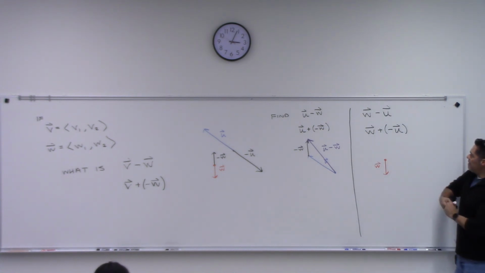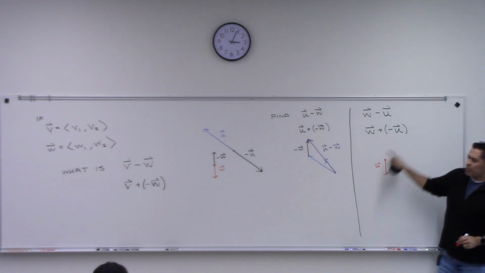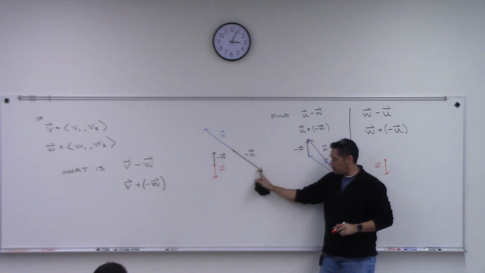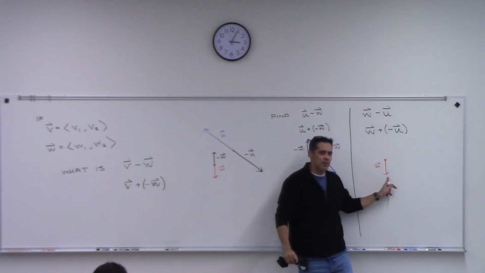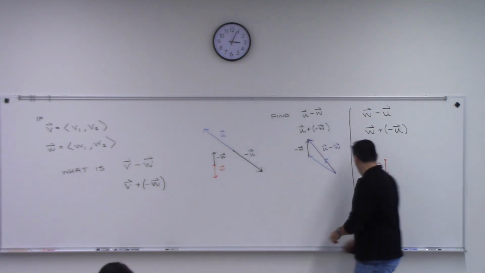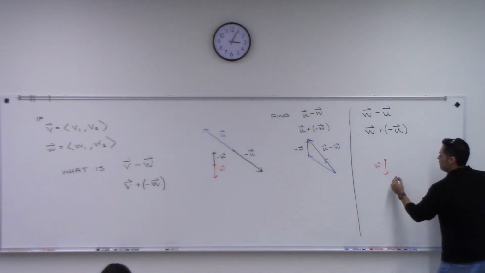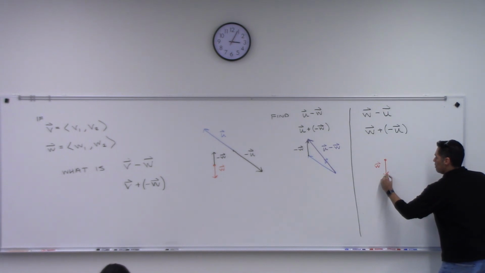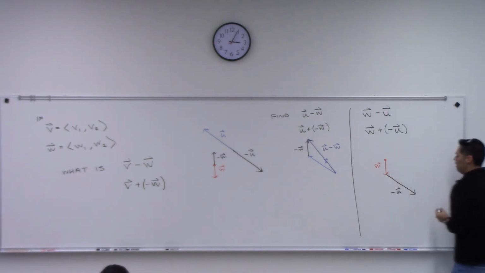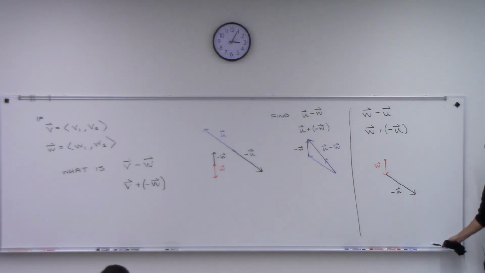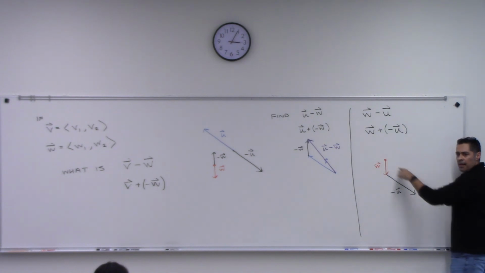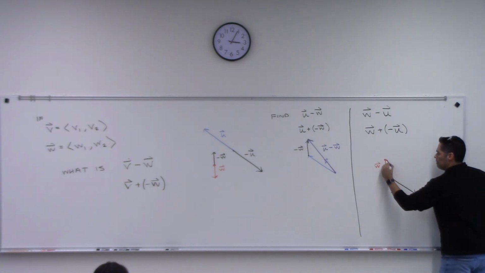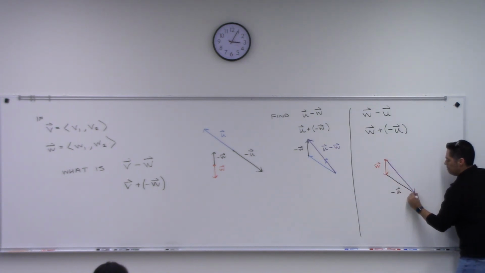And I'm going to add to that negative u, which is this black vector right here. I'm going to take the tail of this one and attach it to the tip of this one. So here's negative u, roughly. So the result is what I would get if I started here and ended here, like that.